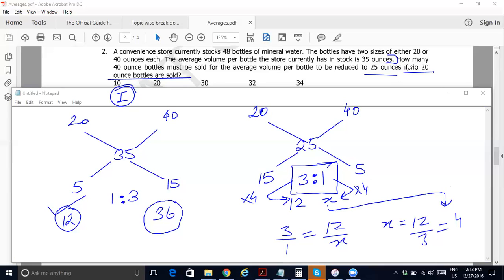The purpose of this last point is, if no 20-ounce bottles are sold, that means this 12 goes here. What does that mean? It means that we started initially with 12 bottles of 20 ounces. If we are not selling any 20-ounce bottles, we must have 12 bottles only at the end.